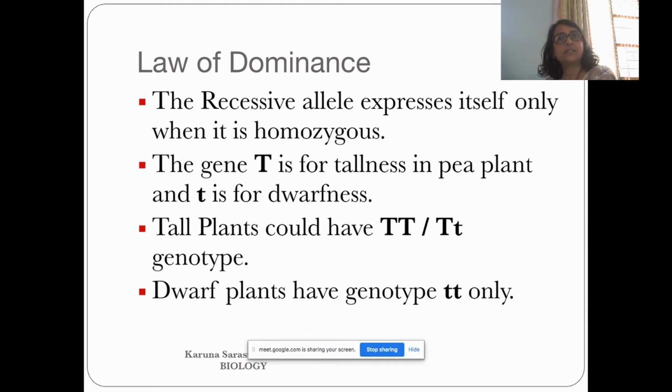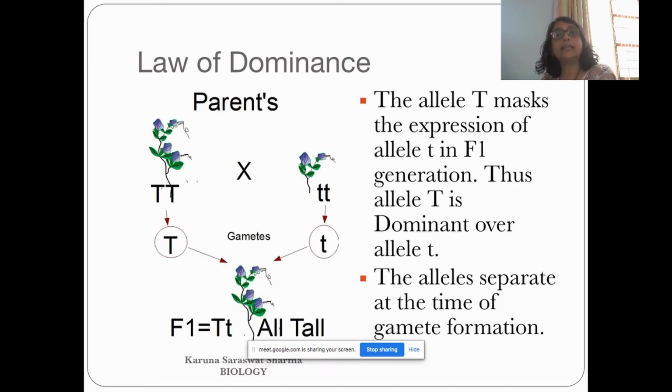When there is a capital T and a small t, that means one dominant and one recessive, heterozygous condition, then the plant becomes a tall plant, and only when the small t is in a homozygous condition, it becomes a dwarf plant.